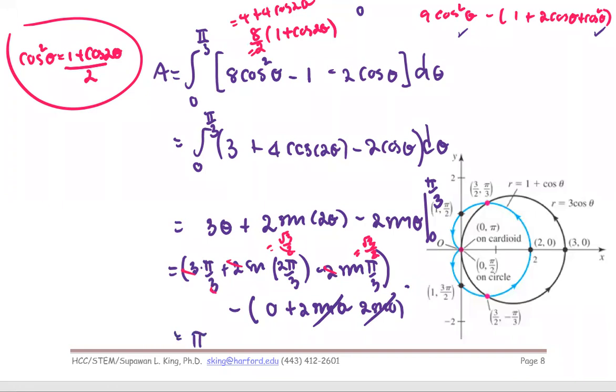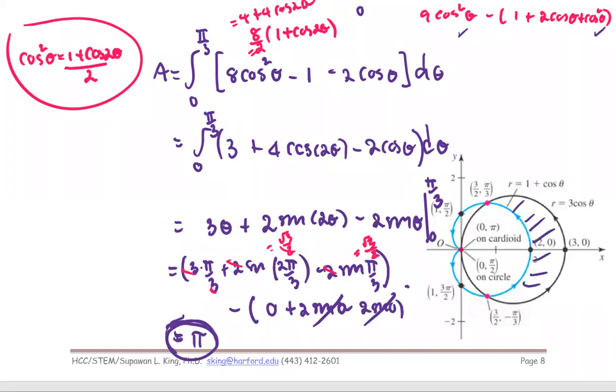We get pi plus square root 3 minus square root 3, which simplifies to just pi as the area of the region outside of the cardioid but inside of the circle.